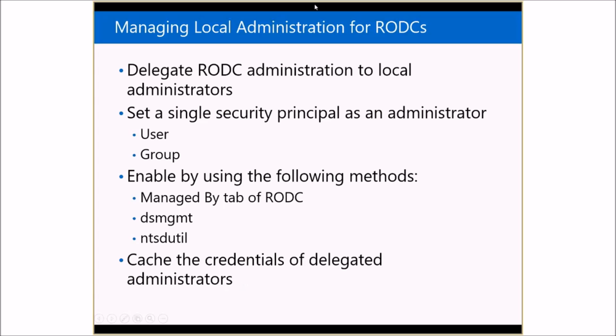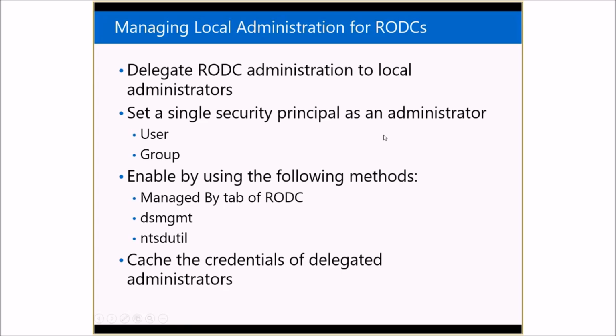So if you don't understand what we're speaking about, well, if the credentials of the administrator are never cached, what if there is an outage? Before there is an outage, what we do is we create what's called a local administrator, a user.